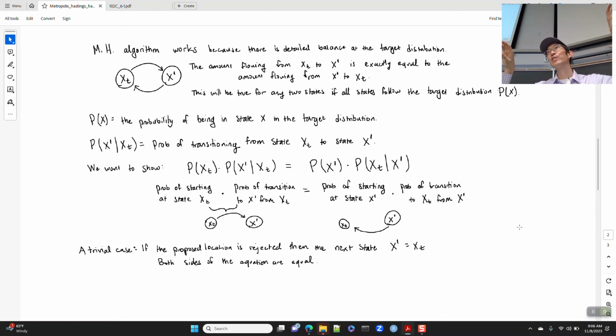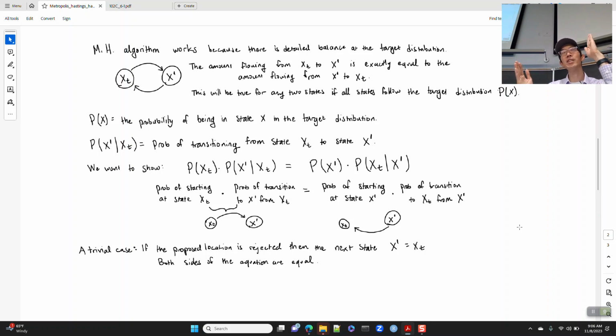flowing from California to New York and New York to California. The idea of detailed balance is that the amount flowing from one state to the other state is equal to the amount flowing back. You pick any two states in the chain and look at how much is flowing from one to the other and from that one back, and they are equal to each other. This is going to be true for basically any two states, even on a continuous distribution.